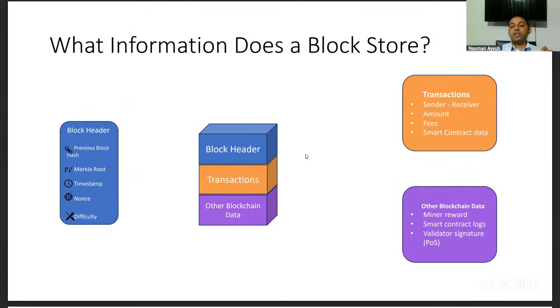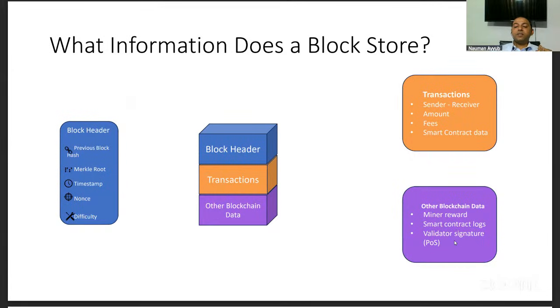In the transaction section we have the sender's and receiver's wallet addresses, amount, and fees, such as how much fee a miner gets if he solves the puzzle. Then in other block data we have the miner reward, smart contract logs, and validator signature.